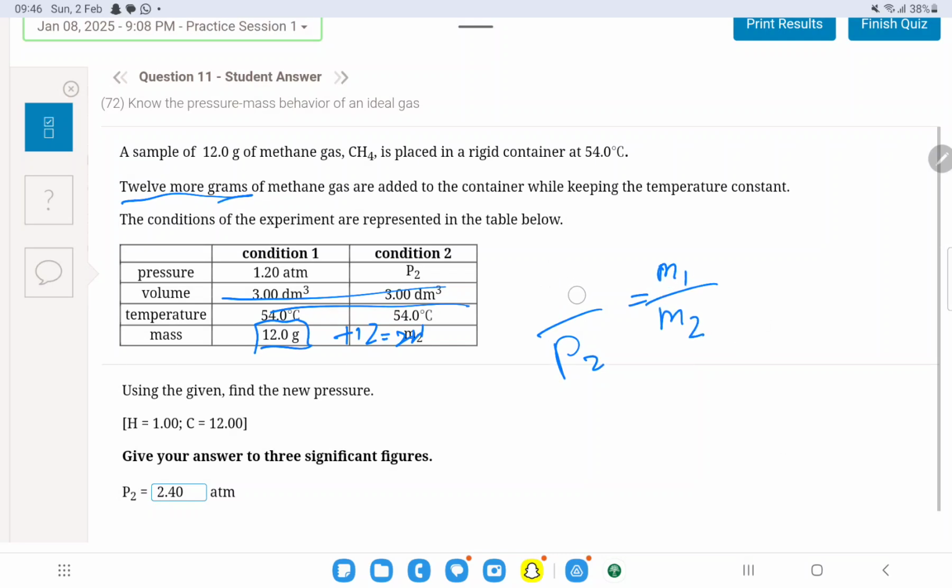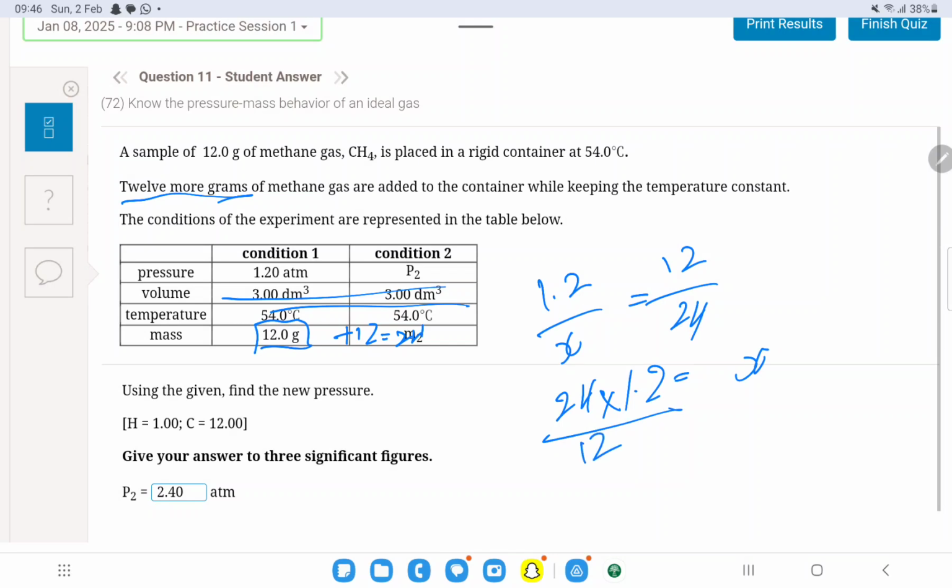P1 is 1.2, P2 is X, M1 is 12, M2 is 24. 24 times 1.2 equals 12x. You move the 12 to the other side, so 24 times 1.2 over 12. You put it in the calculator, you get 2.4. With 3 significant figures, 2.40.